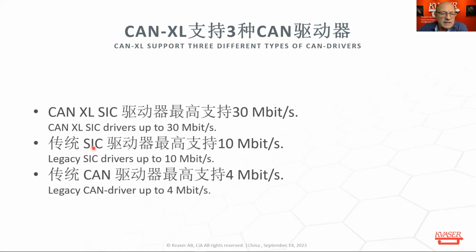With the SIC, Signal Improved Controller, that already exists for CAN FD, you can reach 10 megabit per second. And with the legacy CAN drivers in CAN FD, you can actually go to 4 megabits per second.